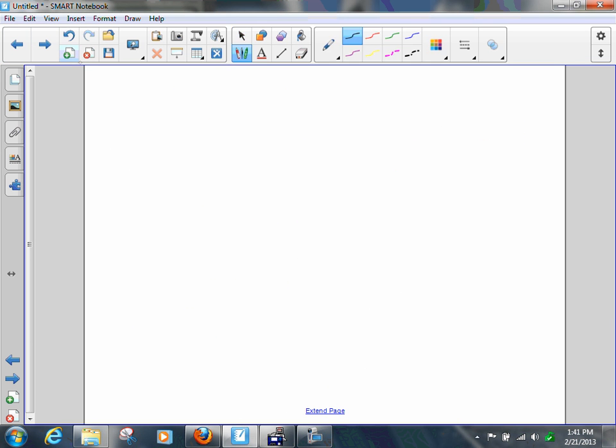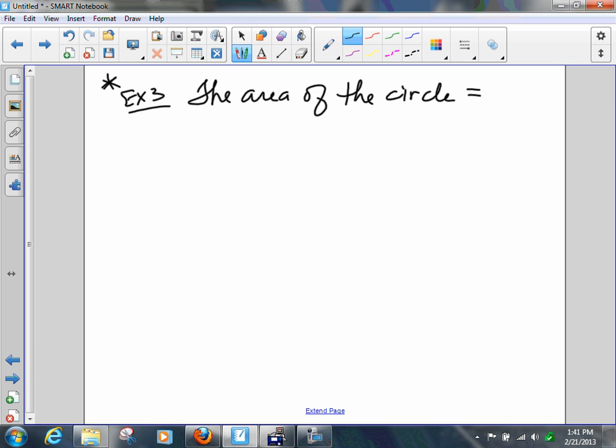Okay. Here we go. This has got it all. Star this problem. The area of the circle equals 36 meters squared. And you better read that carefully.